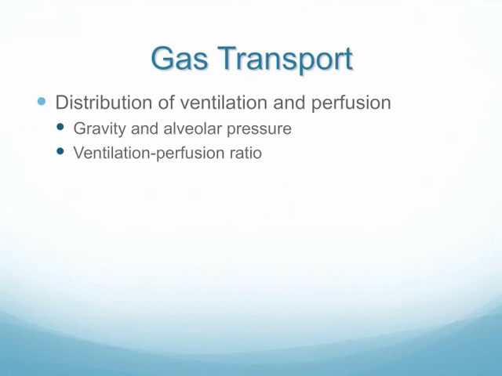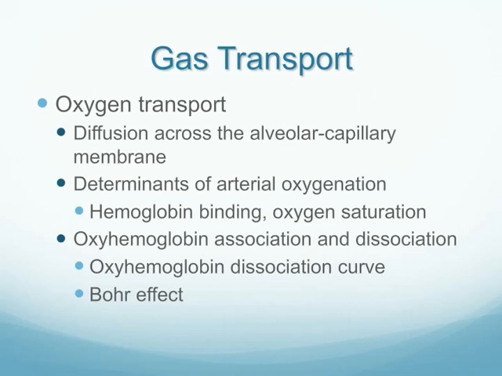Gas transport is dependent upon the distribution of ventilation and perfusion. So the gravity and alveolar pressure are going to have an effect, as will the ventilation-perfusion ratio. Our oxygen transport is going to be dependent upon the diffusion across that alveolar capillary membrane. So we have to have good diffusion. We can't have stuff sitting in that alveolar capillary membrane that might be interfering with how well we get gas transport.